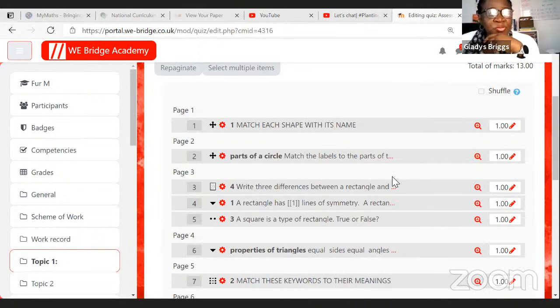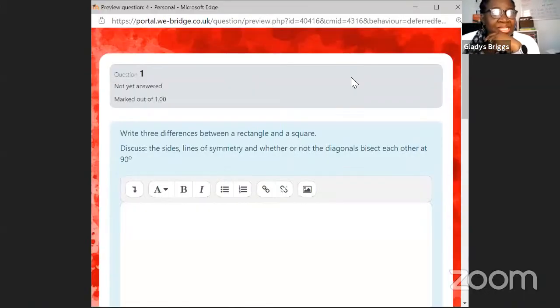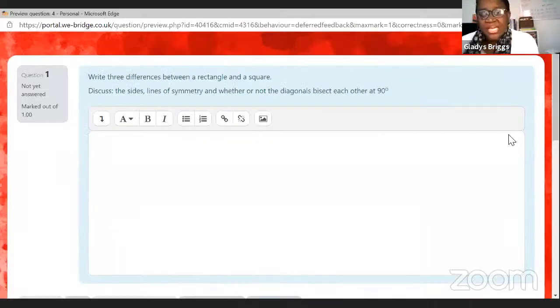If I ask you to write the differences between a rectangle and a square, what do you think I'm expecting you to write? I told you 3 things that you need to talk about in this question.